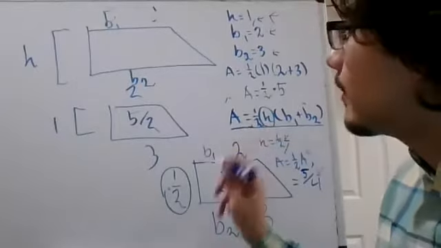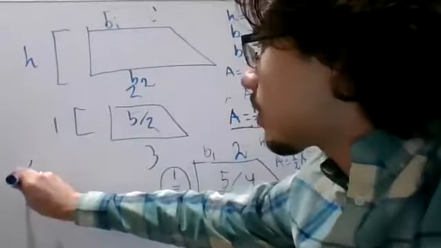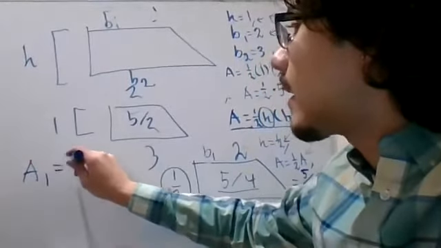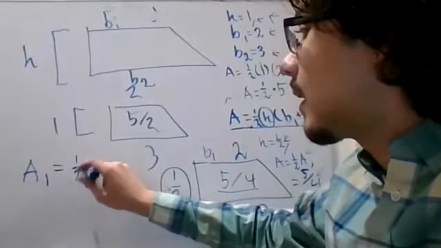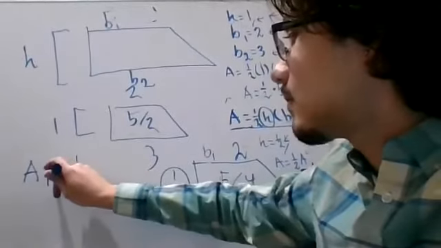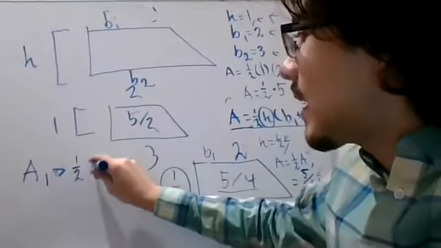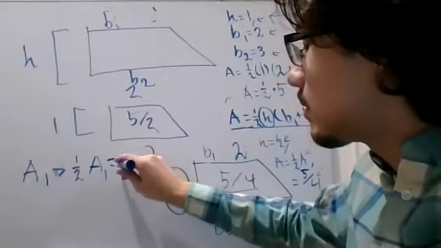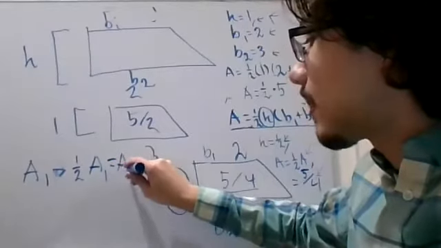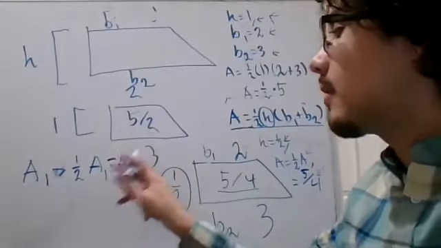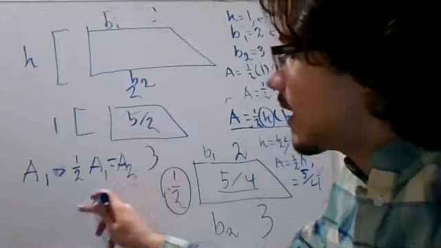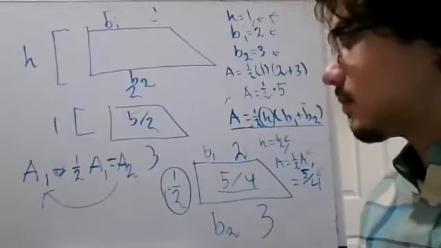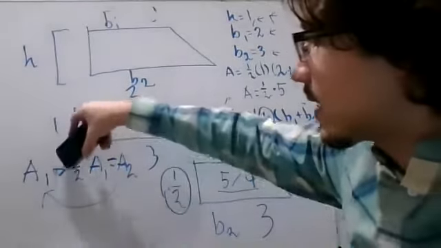So if we have a whole, so we have our original area, and our new area is half of A1, our original area. How could we change the new area so that it'll be equal to the first area again?